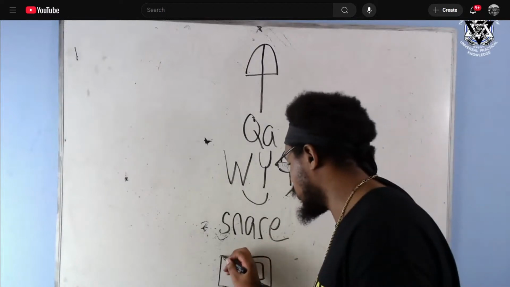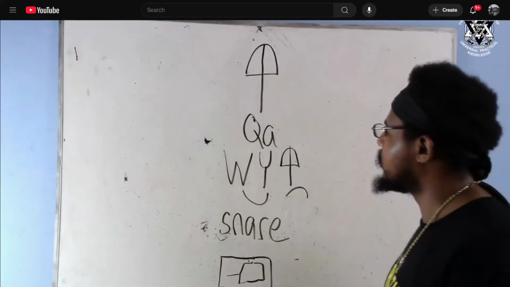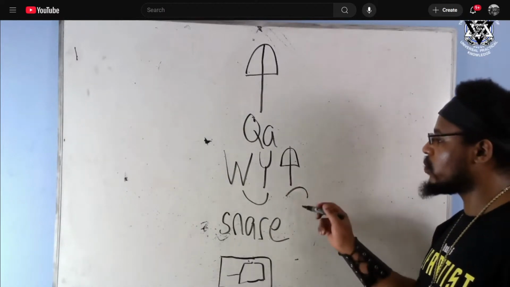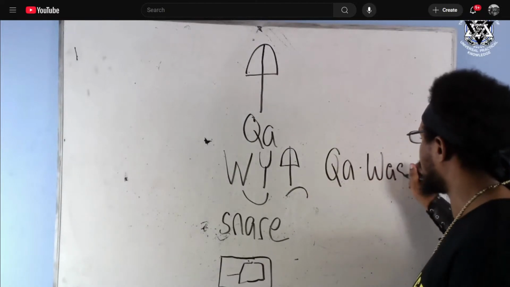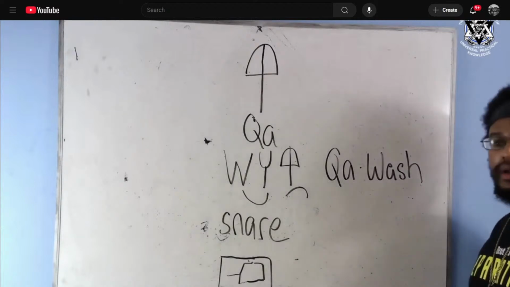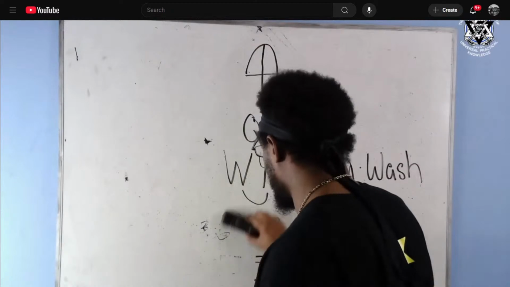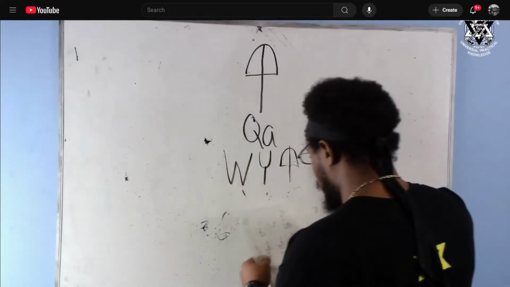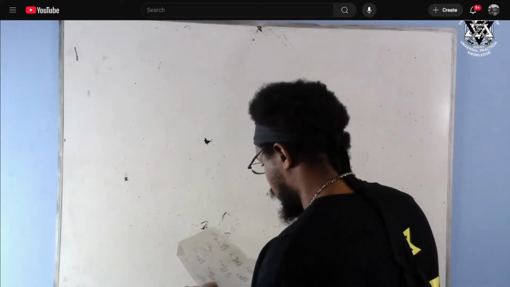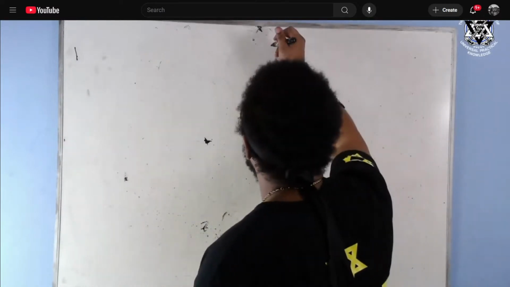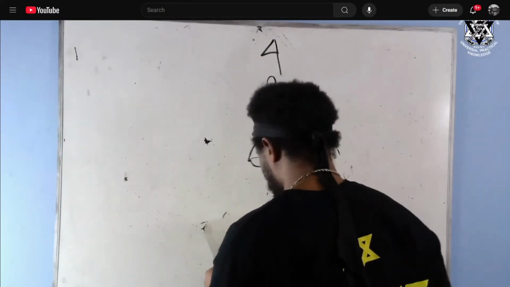Snare. So that's Kwa. Kwa comes from the word Hawash, which means snare. Okay? And then of course we got Ra. Ra comes from the word Rosh.